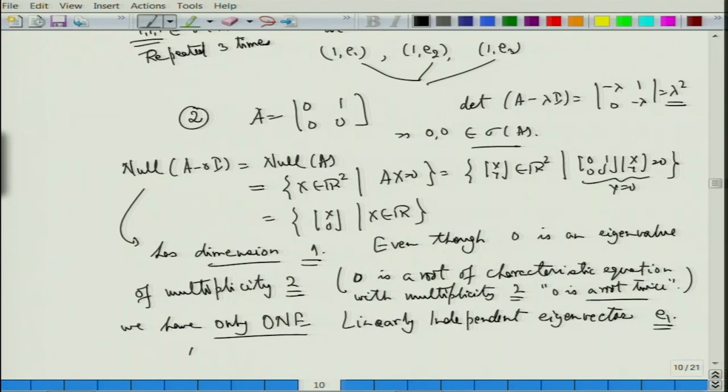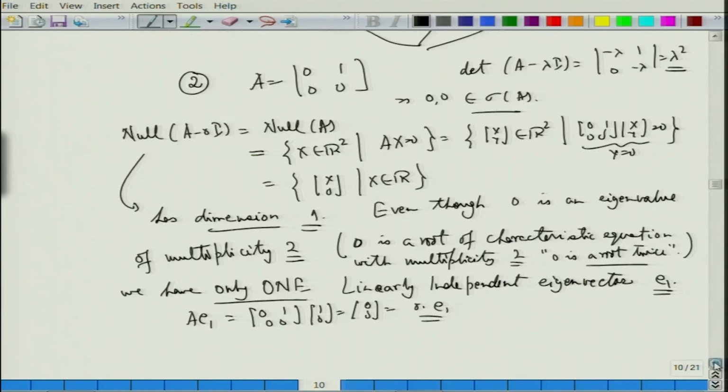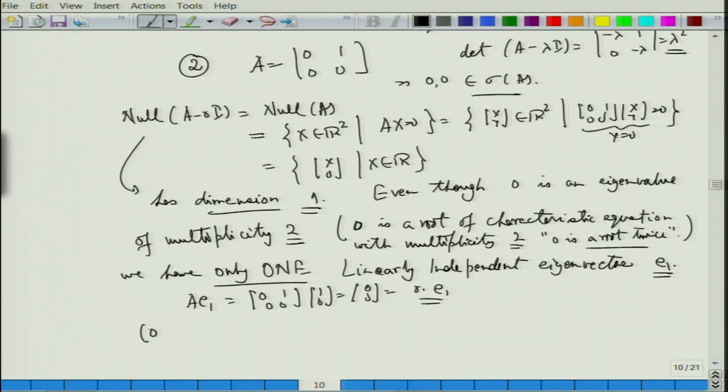So you can see that A times E1 is equal to 0 1 0 0 times E1, which is (1, 0), which is (0, 0), which is 0 times E1 itself, all right. So I have got only one eigenvector. So even though I have got (0, 0) belonging to sigma A, we have only one eigenpair, 0 comma E1.